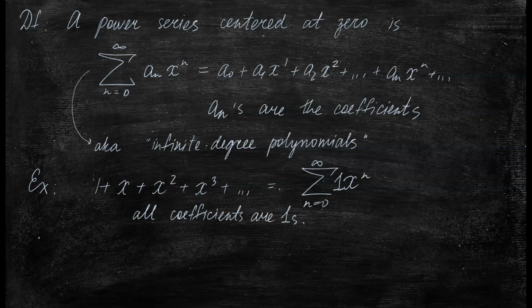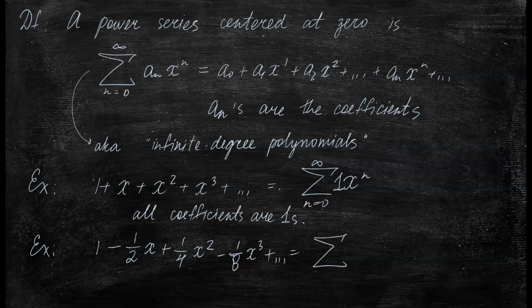But of course it doesn't have to be the case. We can have power series as crazy as you may imagine. So again, this is not the craziest one, but something slightly different. And we can try to write out the formula.